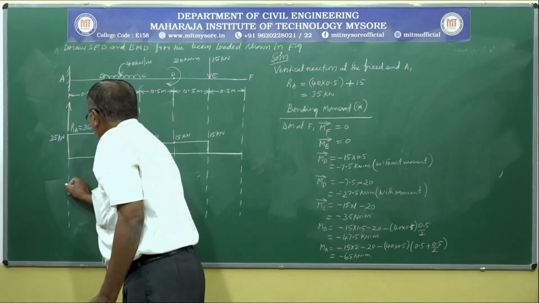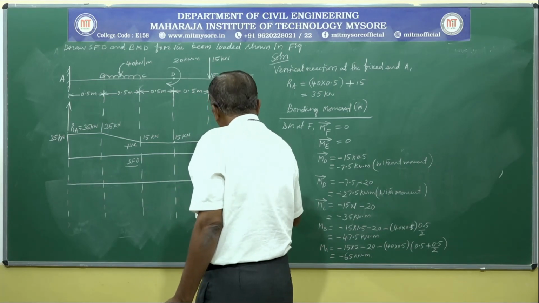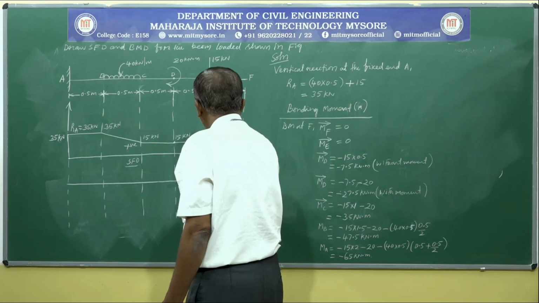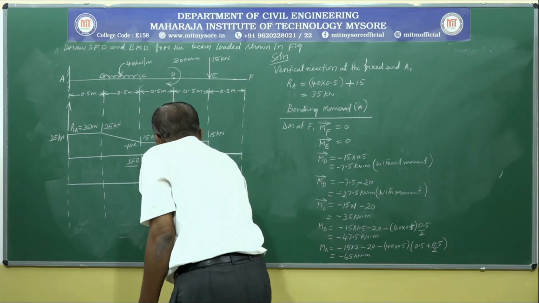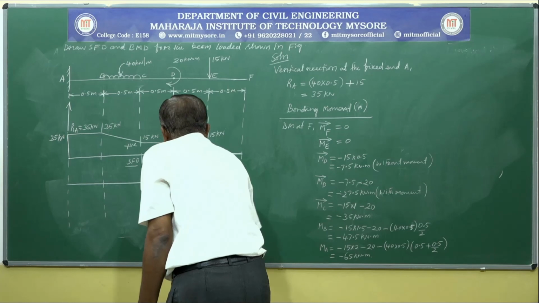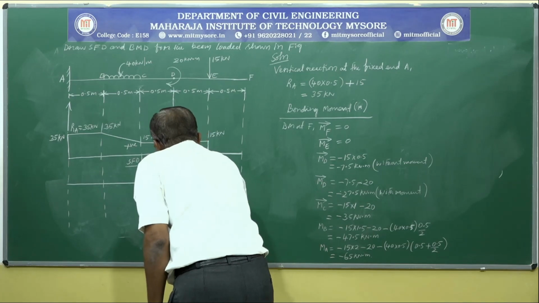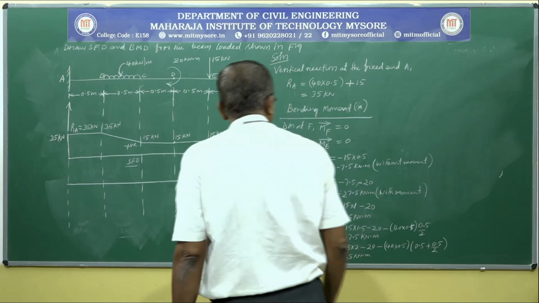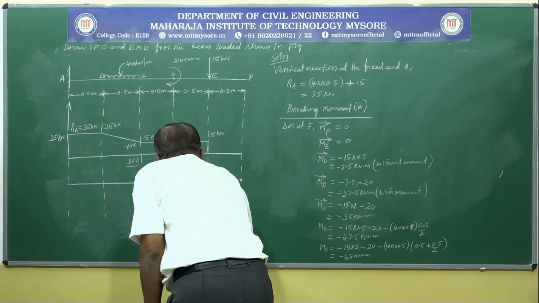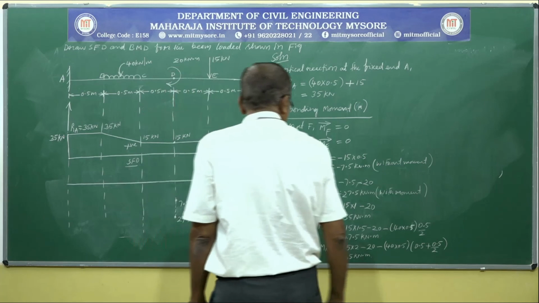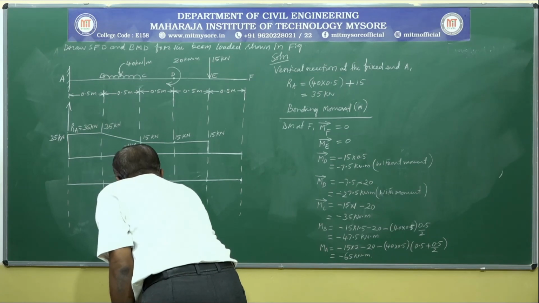Now, draw the bending moment diagram. Bending moment at point F is 0, at E is also 0, at D it is minus 7.5 kilonewton meter and minus 27.5 kilonewton meter. At C it is minus 35 kilonewton meter.